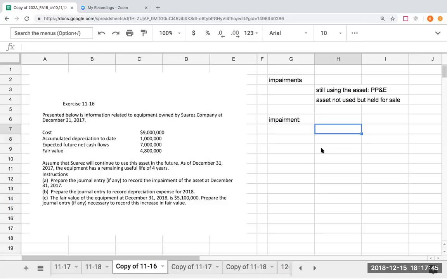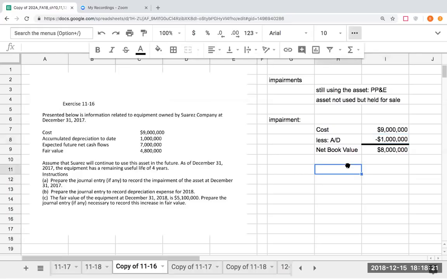What we need to do is determine the net book value. The net book value is the cost of $9 million less the accumulated depreciation taken on the asset to date. So my net book value here is $8 million.